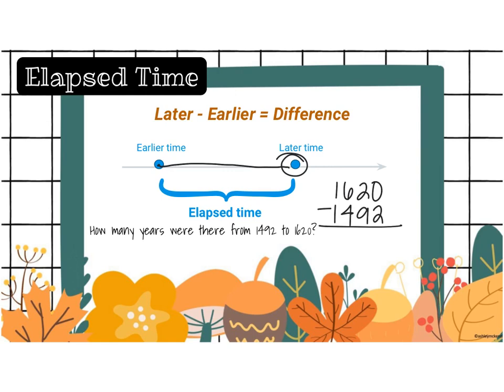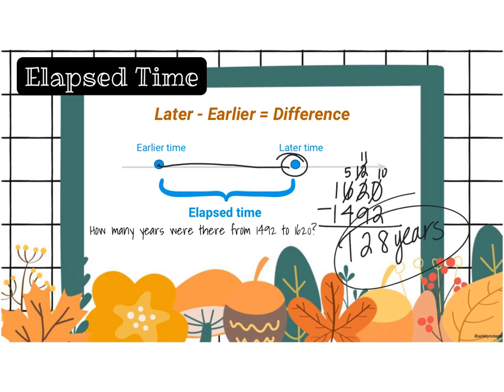So you subtract to figure out the difference, how much time was in between. You're going to have to borrow and regroup first. Then you borrow here, and this becomes 10. So we end up with 128 years. And that's what every one of you had on your board. So good job, guys.